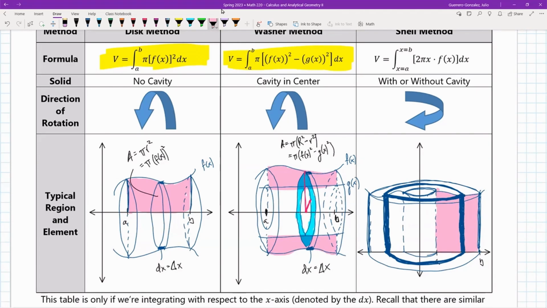The way that we find the volume of that thing is that thick blue soda can that you see in the middle there. When we revolve that around the y-axis, that has a volume. If we take all of those volumes and add them all together, we get the total volume, a good approximation for the volume of the shape itself, right?